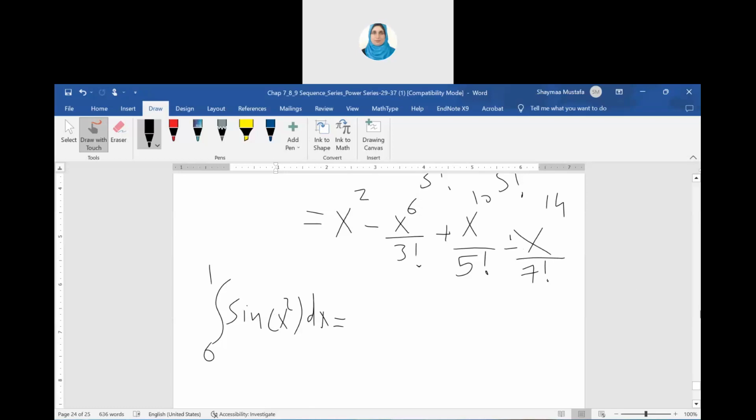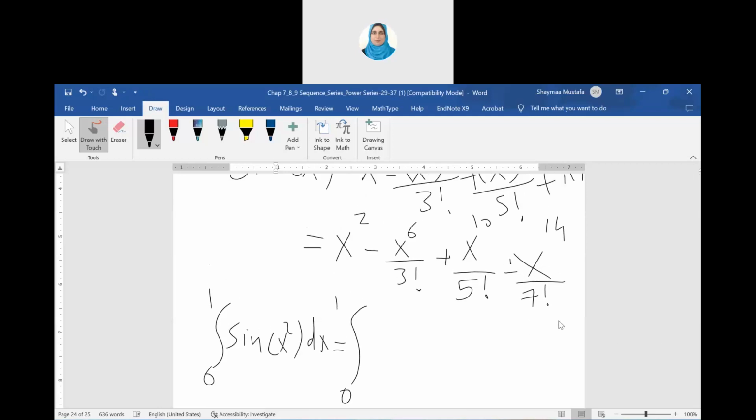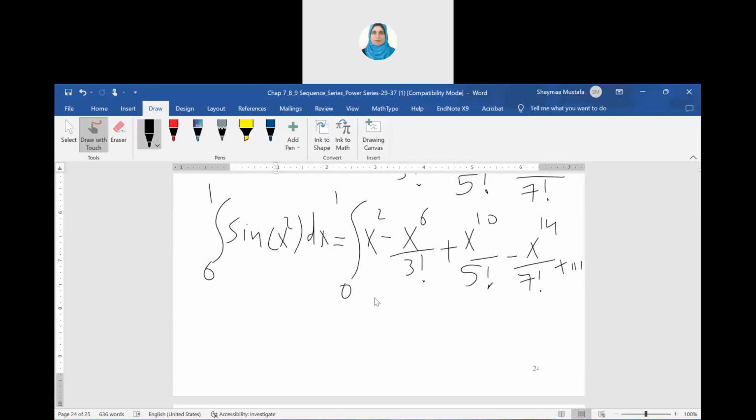So from 0 to 1, I have to integrate x squared minus x to the power 6 over 3 factorial plus x to the power 10 over 5 factorial minus x to the power 14 over 7 factorial, and so on. You have to integrate this one.